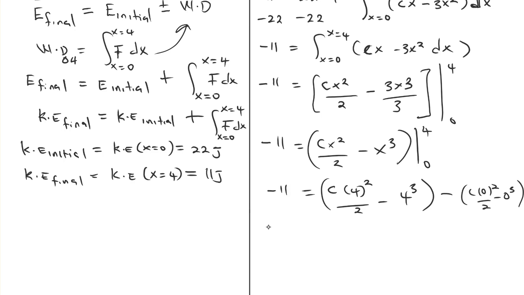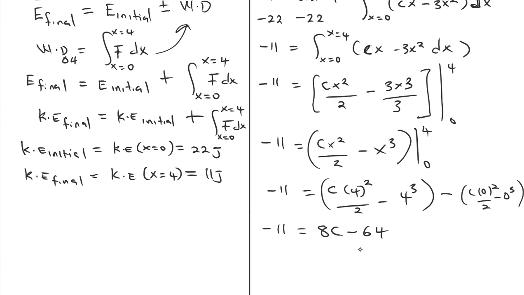Further simplification will give us minus 11 equal to this. 4 squared is 16, divided by 2 is 8, so we have 8c. And then 4 cubed is the same thing as 16 times 4, which will give me 64. And then minus 0, doesn't matter.